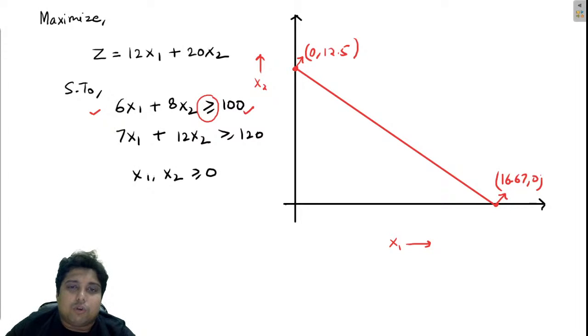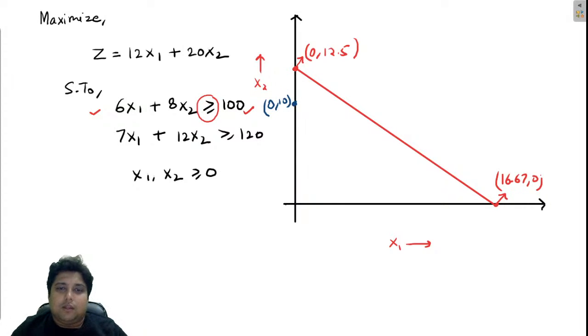Now let me use blue color. So 12x2, keeping x1 as 0, I get x2 as 10. So this is 0 comma 10. And keeping x2 as 0, I will get 120 by 7, that is 17.14.